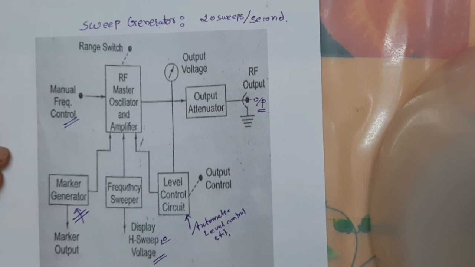This circuit holds the power delivered to the load or test circuit constant and independent of frequency and impedance change. A constant power level prevents any source mismatch and also provides a constant readout calibration within the frequency range.